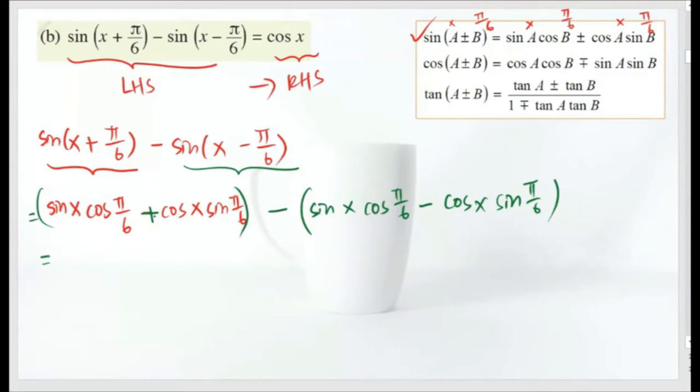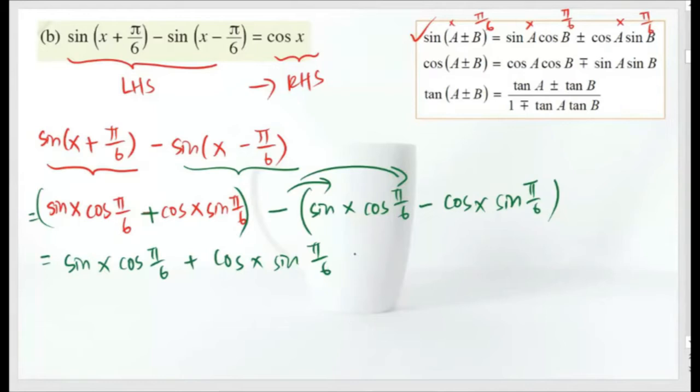So it becomes negative positive. Sine x cos pi over 6 plus cos x sine pi over 6 minus sine x cos pi over 6, and negative become positive cos x sine pi over 6.